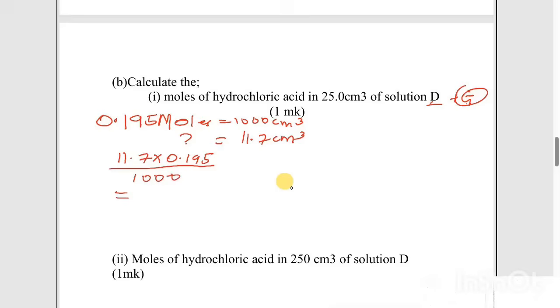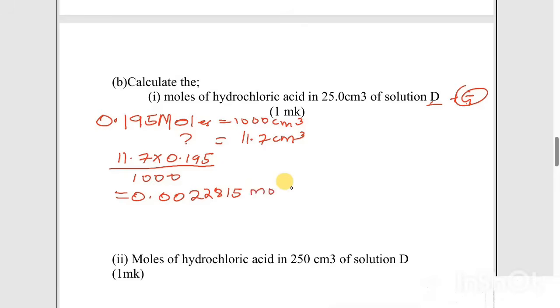Now that gives us the number of moles, which is 0.0022815. So you realize that molarity you write in 3 decimal places, but the number of moles you can write as many decimal places as possible for accuracy.